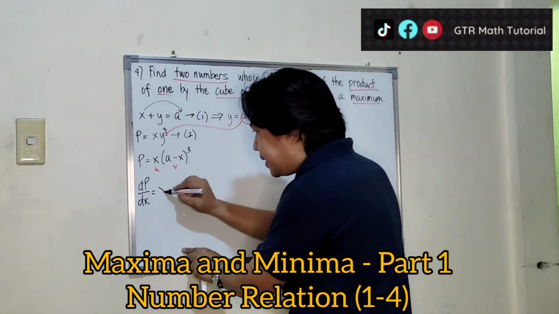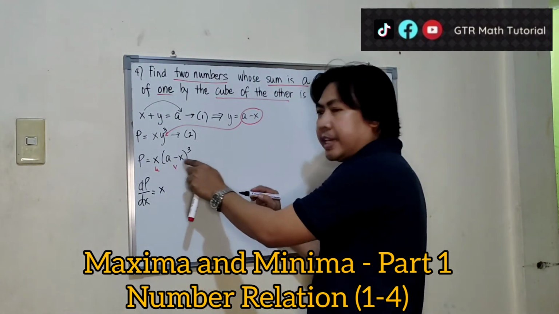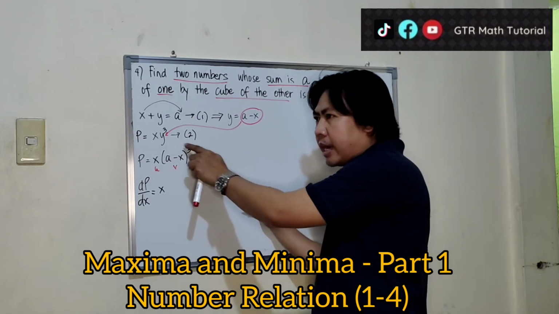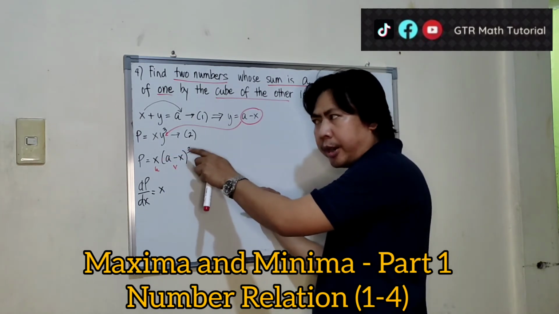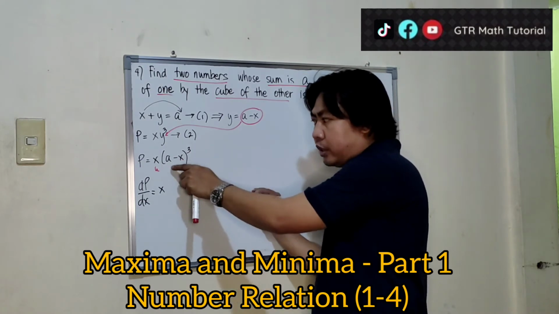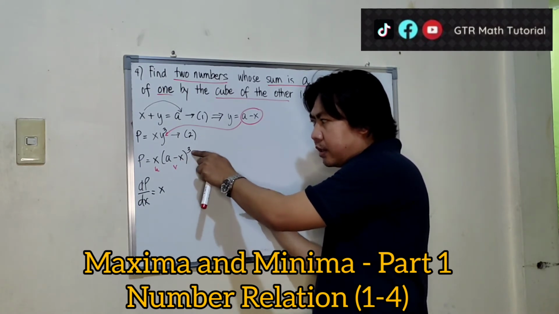So we have x times the derivative of v. For the derivative of v, we can use the chain rule or power rule since we have an exponent. So this is v cubed.